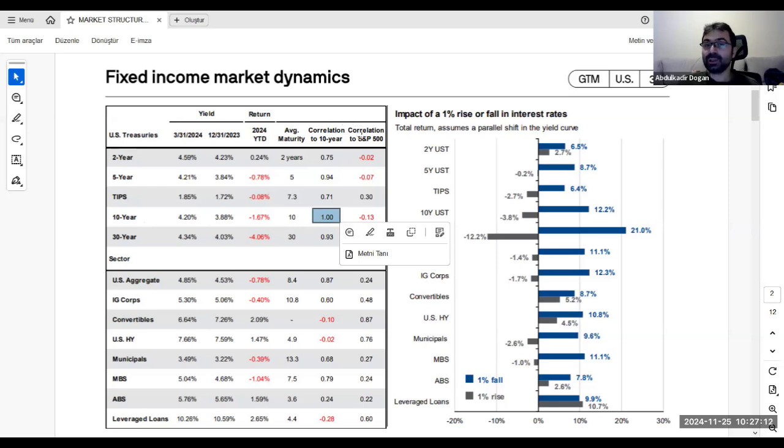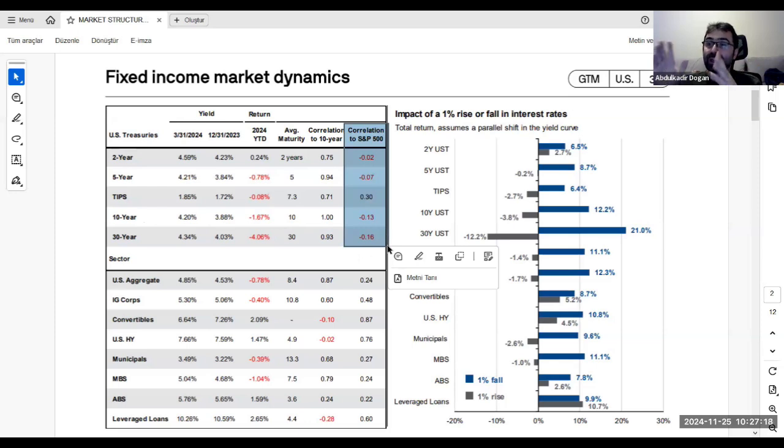And here, the correlation to the S&P 500 means what happens to the stock exchange, the S&P 500, if there is an increase in the treasury yield of the United States.